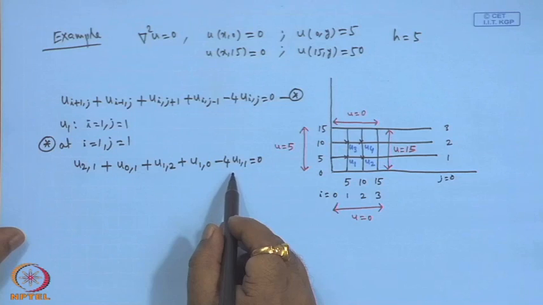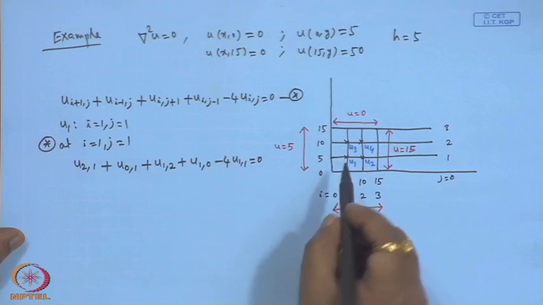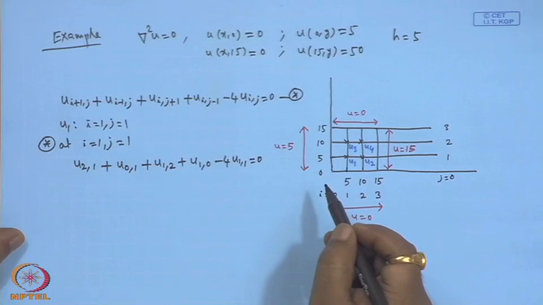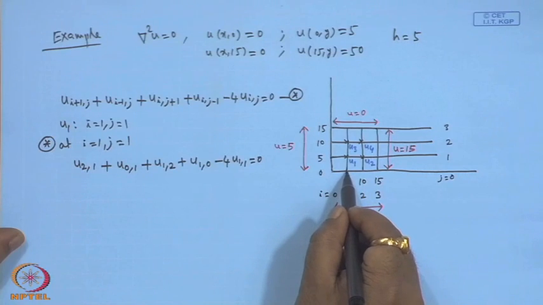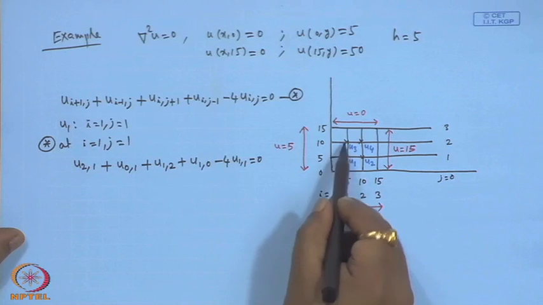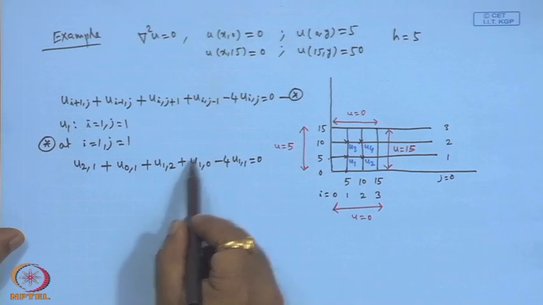Okay. So, then 1 0 will be this, right. So, it asks for this point, this point, this point and this point, which are nothing but these 4.